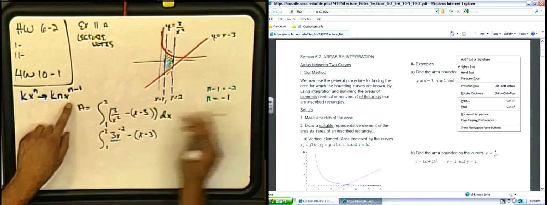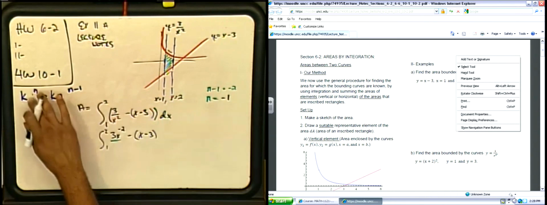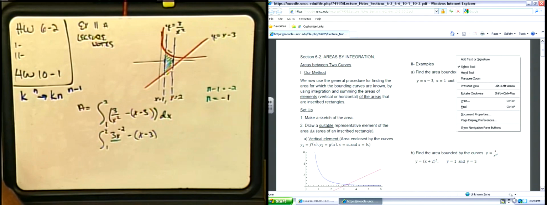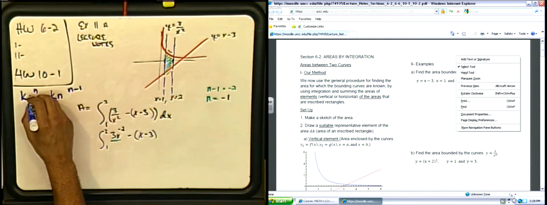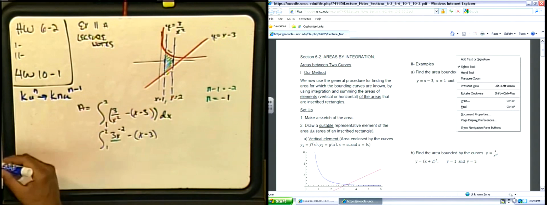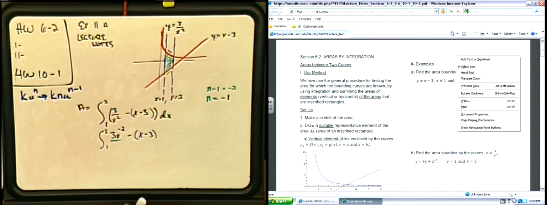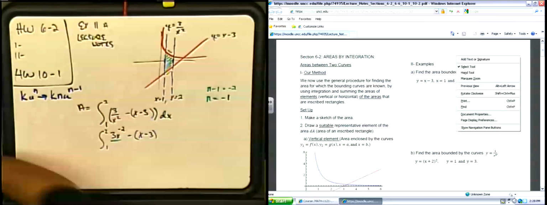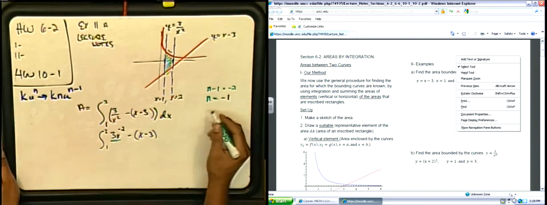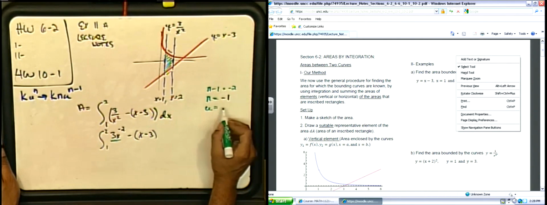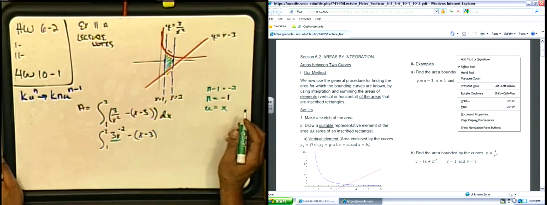So this is u, and you're looking for k. U equals x.